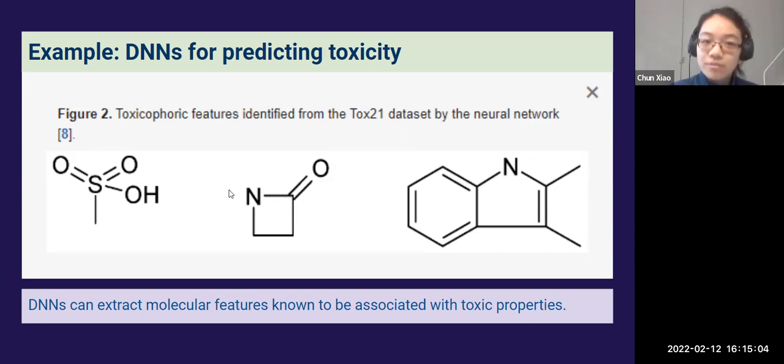Toxicophoric features means that they are already associated with toxic properties. So it has been seen that the neural network is reasonably reliable because once we see that it understands these as toxic properties, then we know that it is correctly identifying them, because these are already known to be toxic properties by experts in the field.